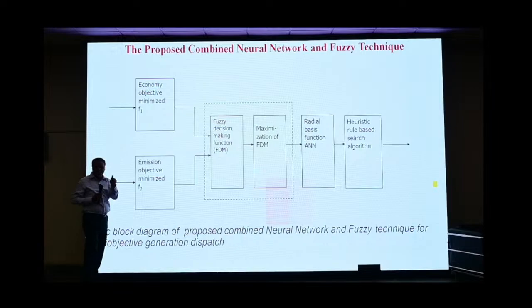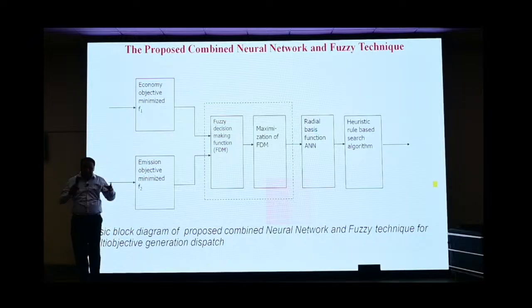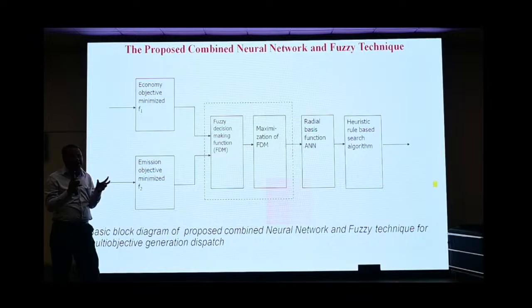What is the objective of the first objective? To minimize the cost. The second one should also be minimized, but they will never happen together. If you try to minimize this one, that one gets worse, and vice versa. That is a compromising solution, and it can be given only by this position. No tool other than this, you cannot expect.